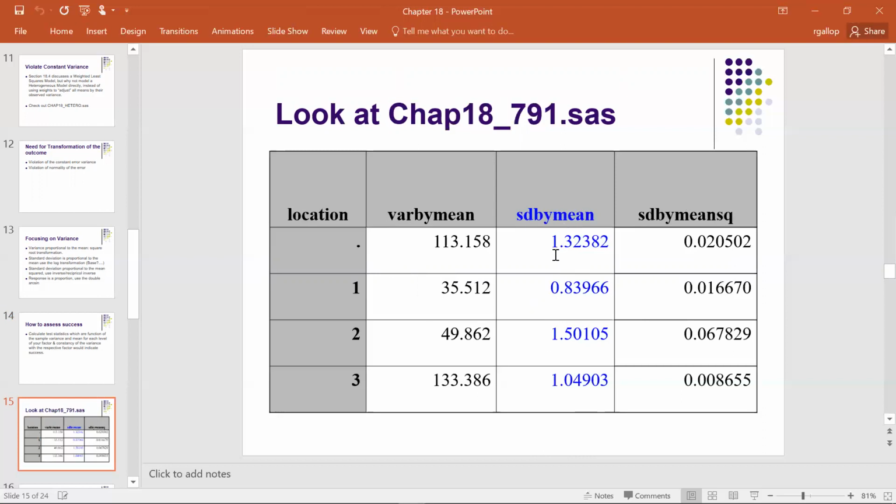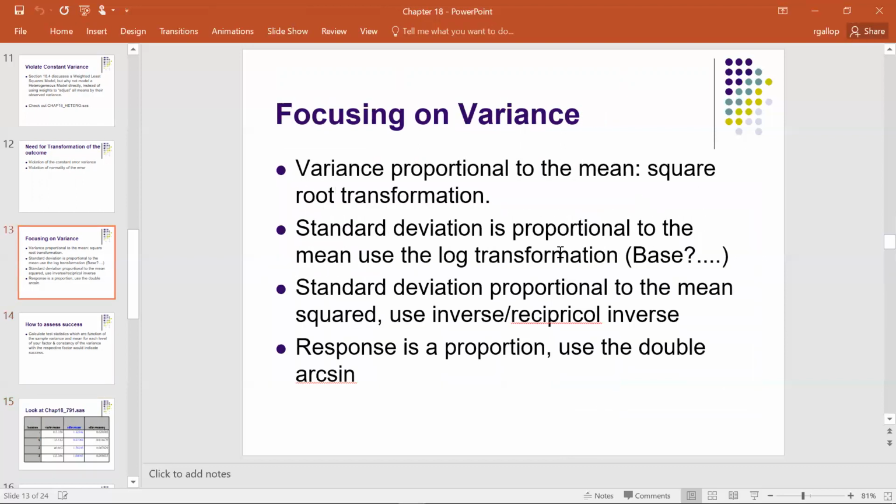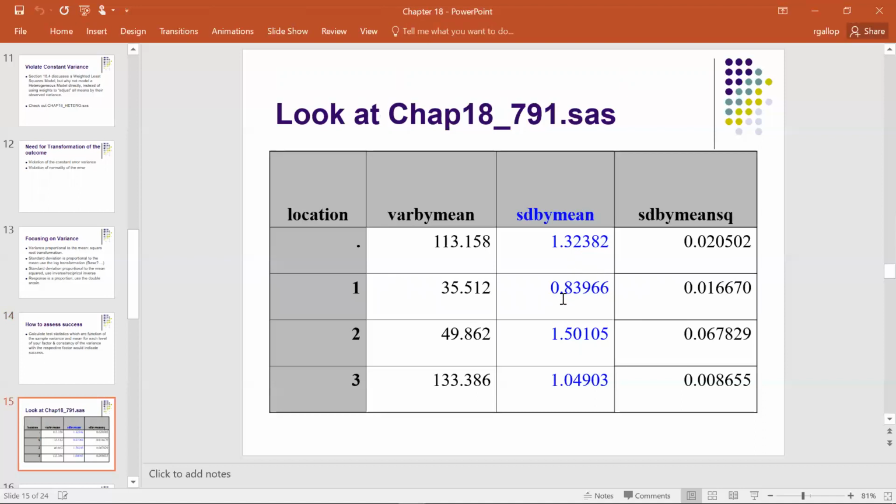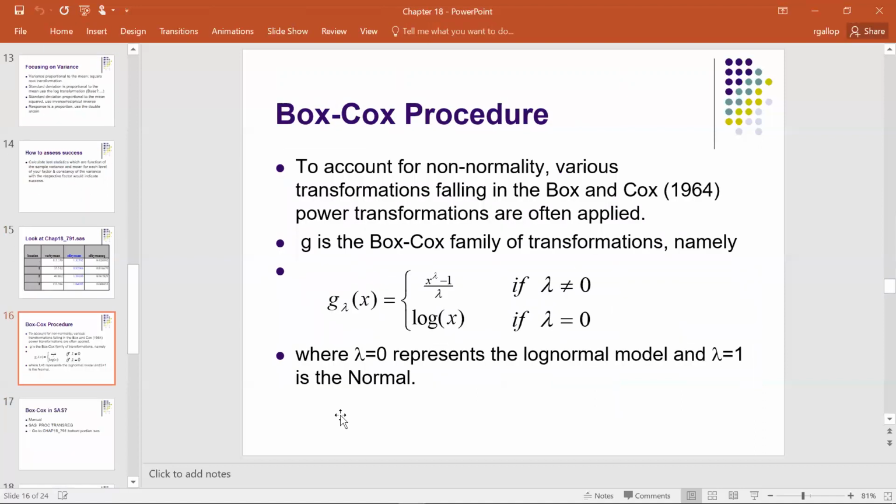And in this case, this one looks pretty close to 1 across the board. So using the book, this would say the standard deviation is proportional to the mean across the levels, so use the log transformation. That again is a rule of thumb.